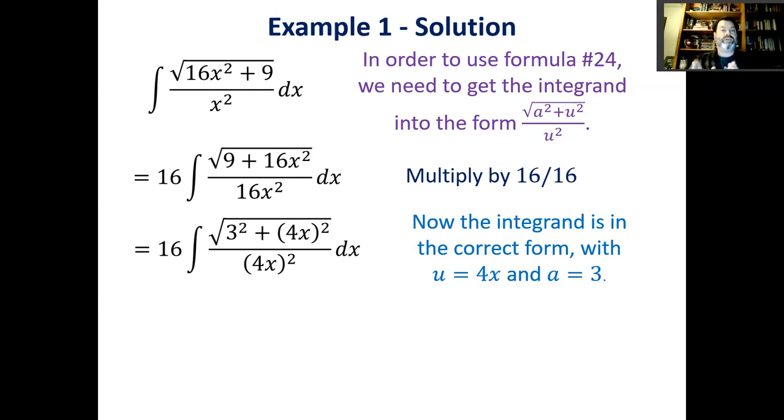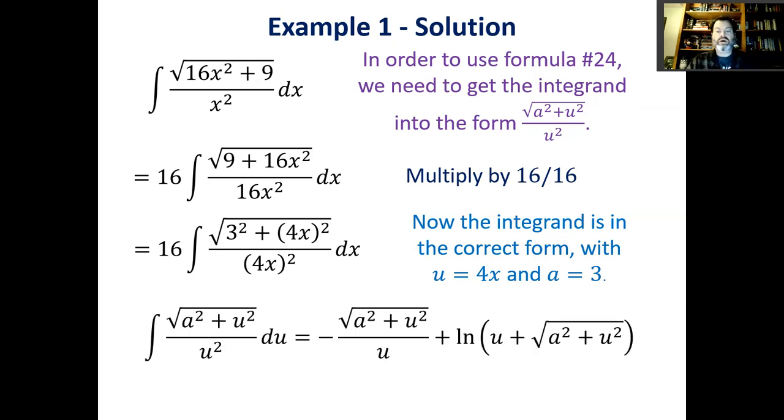When you plug into the formula for the answer sheet, you want to have everything broken down as u equals this thing, a equals this thing. Don't try to just move it over mentally because it gets too confusing. Just write everything down. So we have what we want, right? u is 4x, a is 3. And then there's what the formula is going to look like.